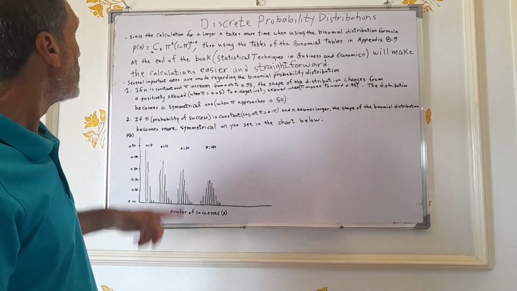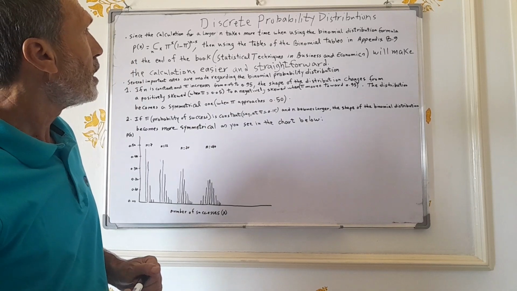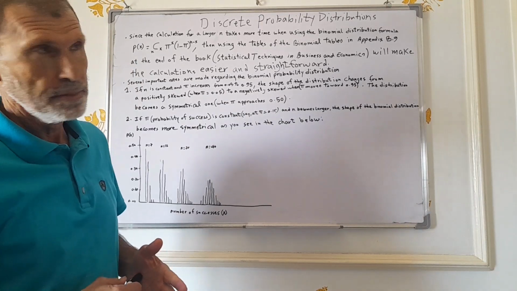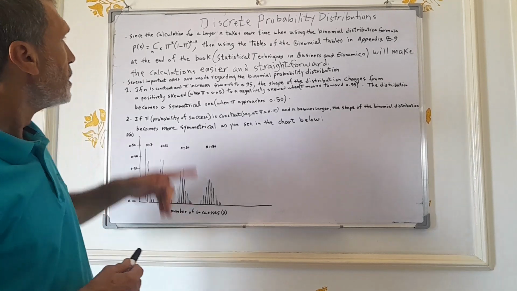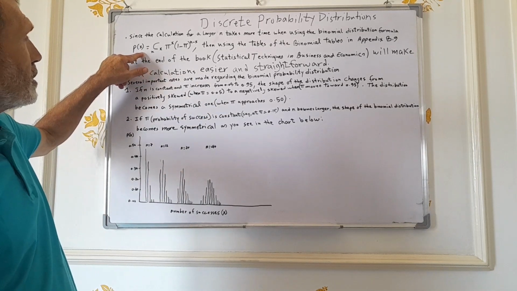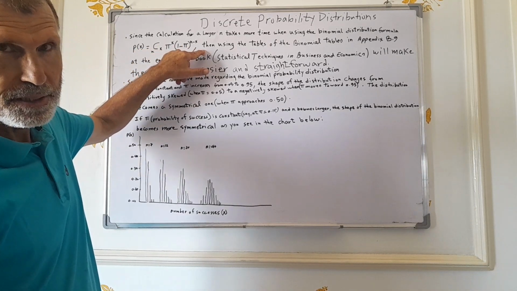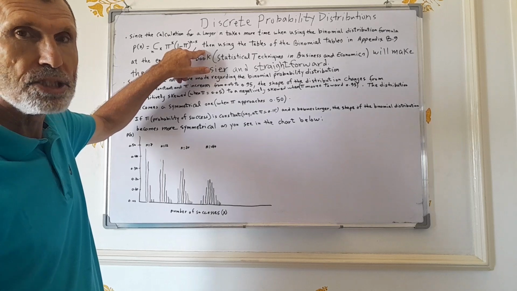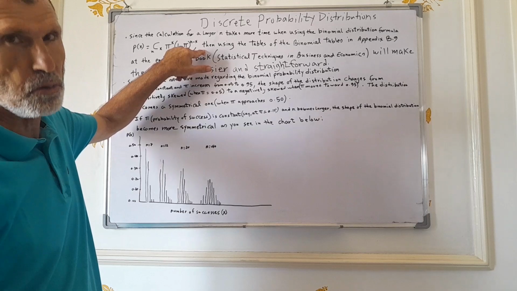Okay, now because the calculation for a larger n takes more time when using the binomial distribution formula, which is this one here, we have tables that make the calculation of the binomial distribution much easier, faster and straightforward.